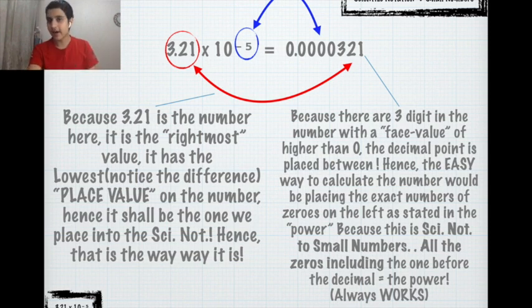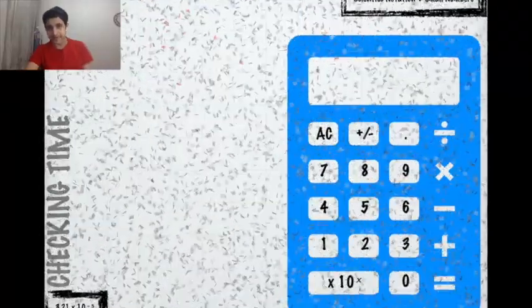You see negative 5, then you just have to go, okay, 5 zeros on the paper, a decimal point after the first 0, and then you take 3.21 and you put it right on the rightmost part of the value without any decimal points. And the details of why this works are written down, and you're free to read them. Pause the video if you want to, but I think you already would have.